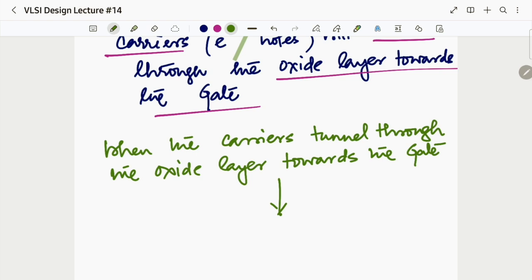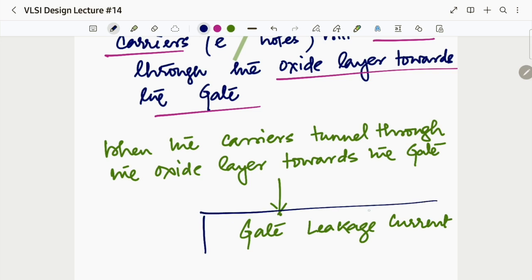Current is flowing. So we will call this the gate leakage current. Okay, we call this the gate leakage current.